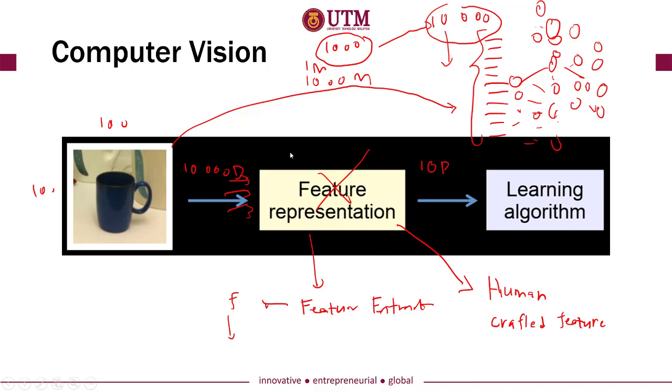Of course that is true. This feature extraction before deep learning was introduced had a long history. We tried to find the best formula just to beat each other in the research world, trying to find the best formula that can provide a good feature, and this is engineered by humans. So that's why they use the term human crafted features.